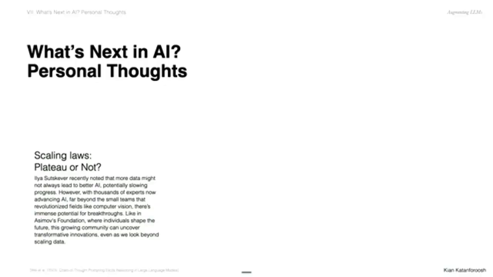What's next is in AI. I wanted to call out a couple of trends. So Ilya Sutskever, one of the OGs of LLMs and OpenAI co-founder, raised that question about, are we plateauing or not? The question of, are we going to see in the coming years LLMs sort of not improve as fast as we've seen in the past?